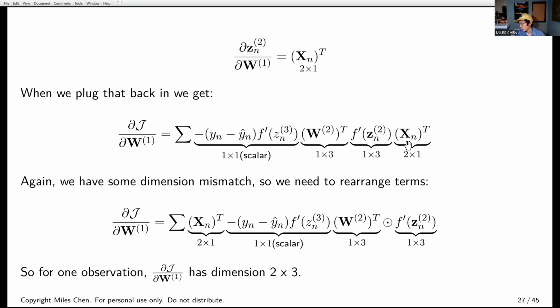And here I want to produce a matrix that's 2 by 3 at the end of the day. If I take this, which results in a 1 by 3, I can multiply it by the first row in X, and I get a 1 by 3 in the top row. Then I multiply by the second row in X, and I get a 1 by 3 in the second row. And so I'll end up getting a 2 by 3.